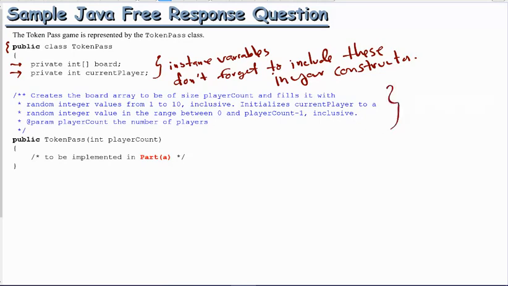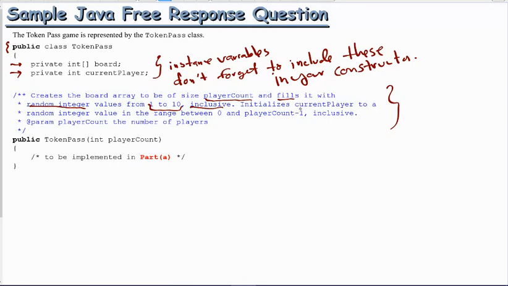So this is the comment for the token pass class. It says create the board array to be the size of player count, and it fills this board with random integers from 1 to 10, inclusive. Inclusive means including the number 1 and including the number 10, meaning including those endpoint values.